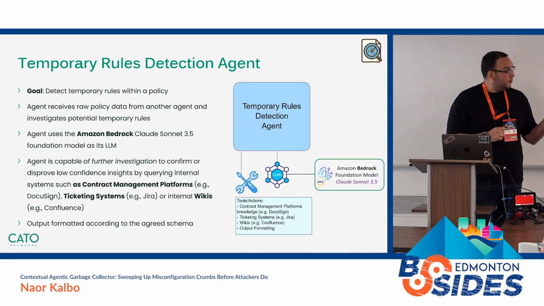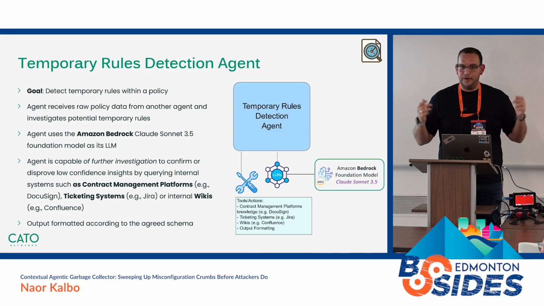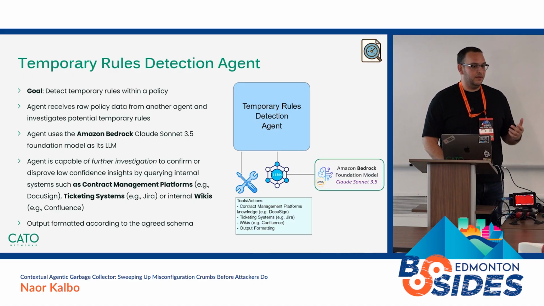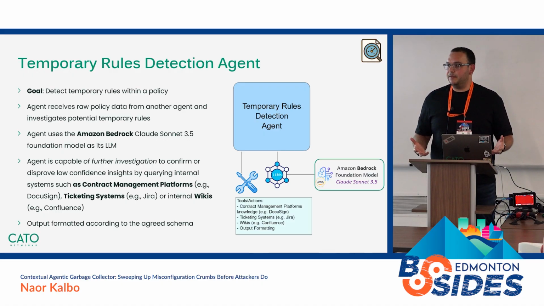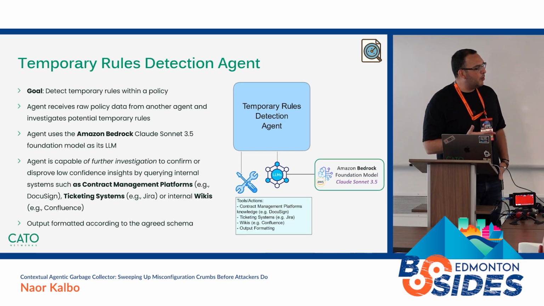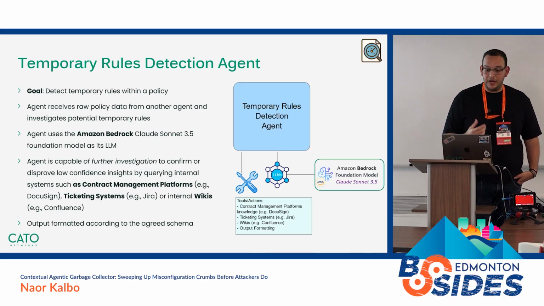And lastly for this one are internal wiki tools like Confluence, for example, which are responsible for gathering additional knowledge about internal projects, internal pipelines, and internal RFCs. And this is very important for the contextual aspect we are trying to analyze.